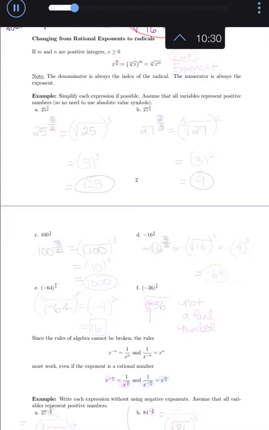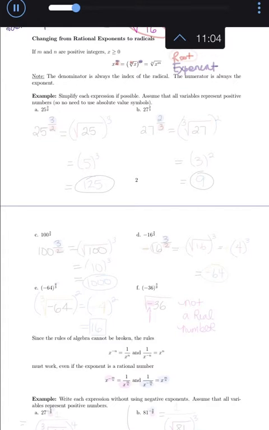Remember, again, that the denominator is the type of root, and the numerator, m, is the regular exponent. It doesn't matter which one you do first, the root or the exponent, but we want to get used to starting with the root first.